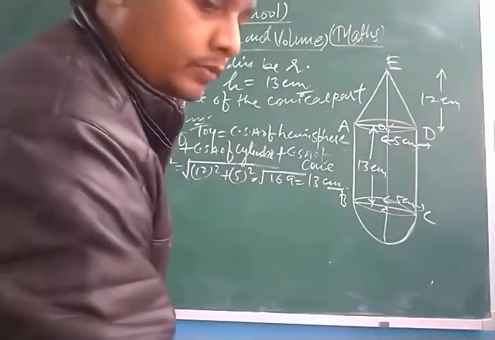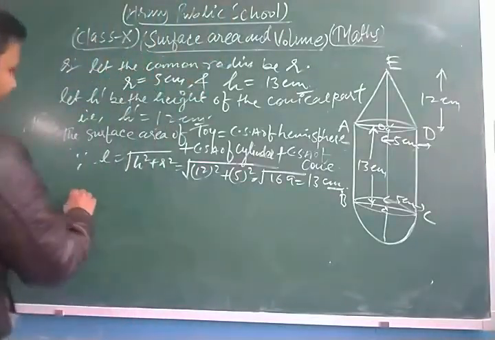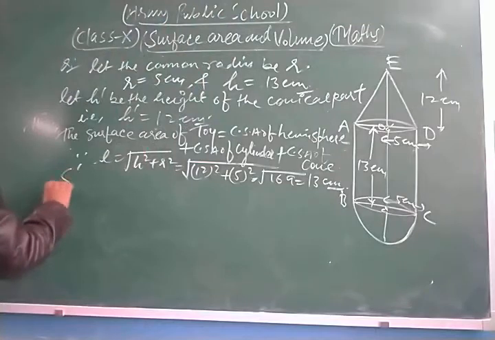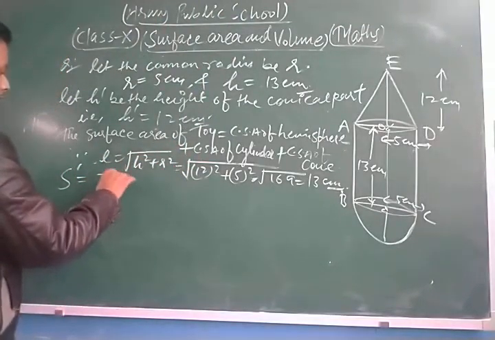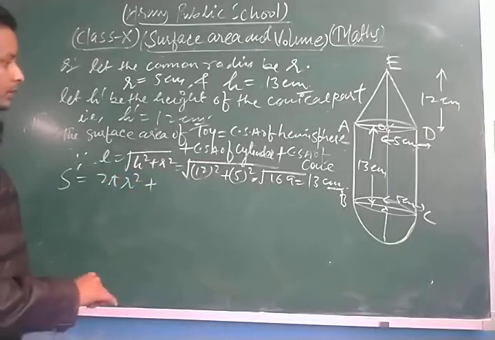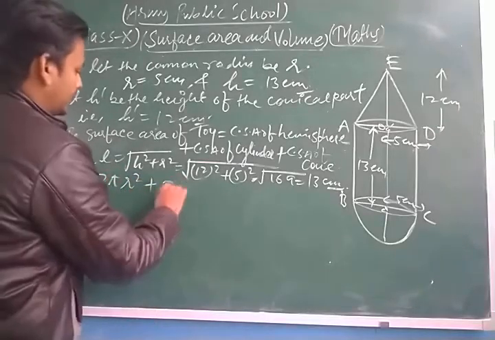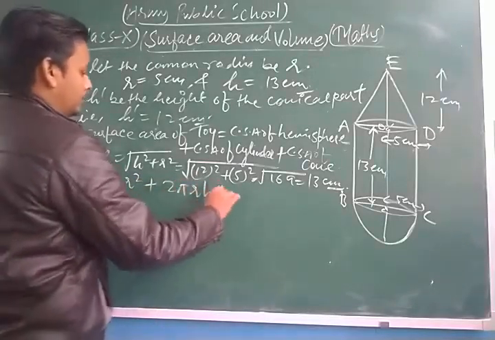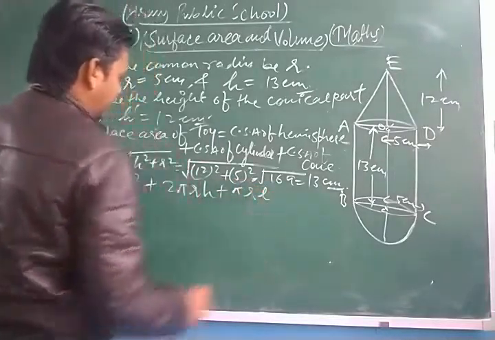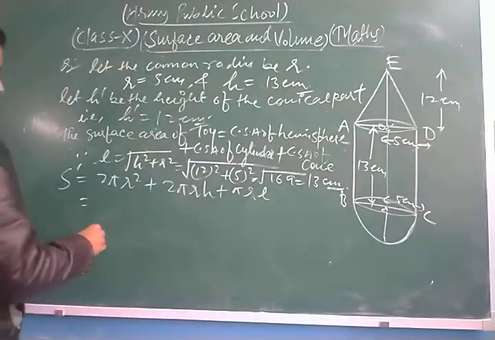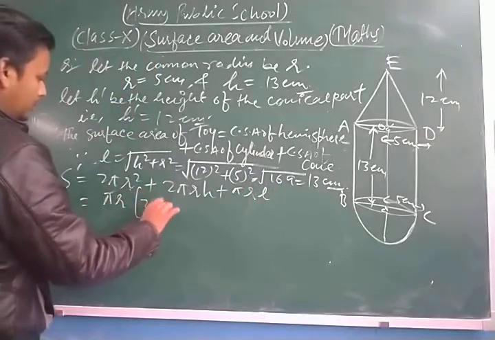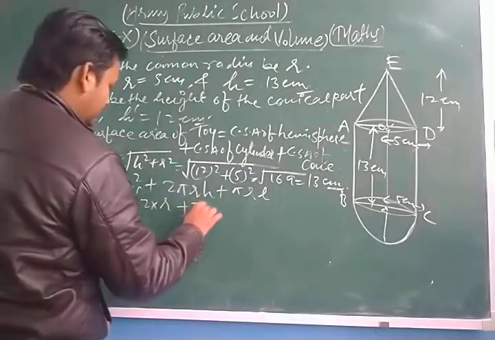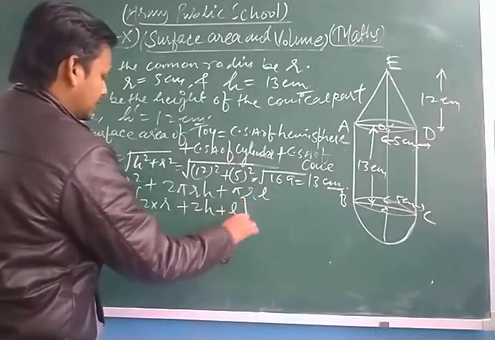Now we put in all the formulas. The total surface area is the curved surface area of the hemisphere, 2 pi r squared, plus the curved surface area of the cylinder, 2 pi r h, plus pi r l for the cone. Now we take pi r as common, that is pi r into 2r plus 2h plus l.